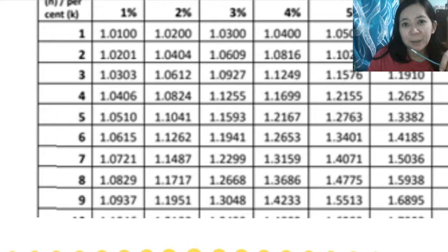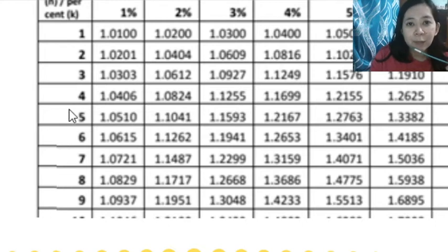What discount factor should be used? This is normally multiplied with the future value or the present value, depending on the case of your time value of money illustration.